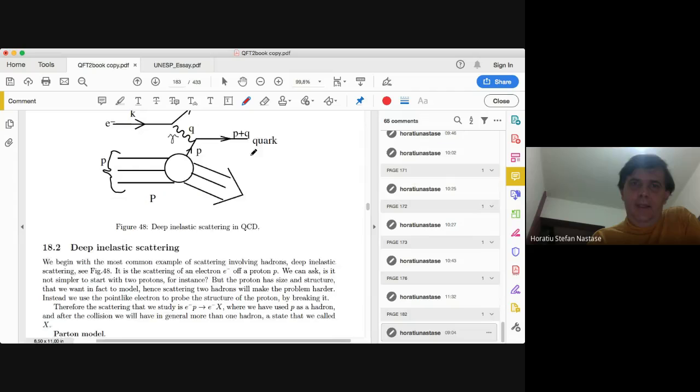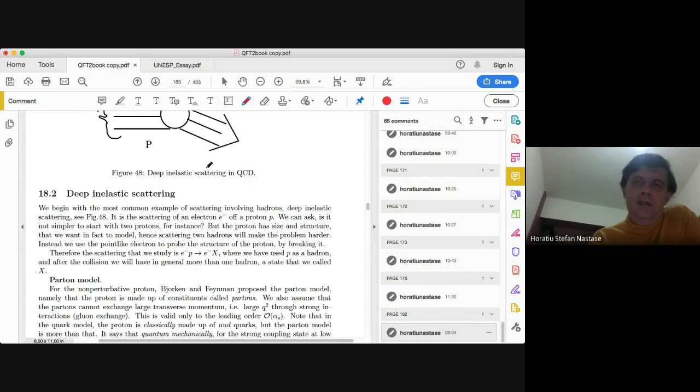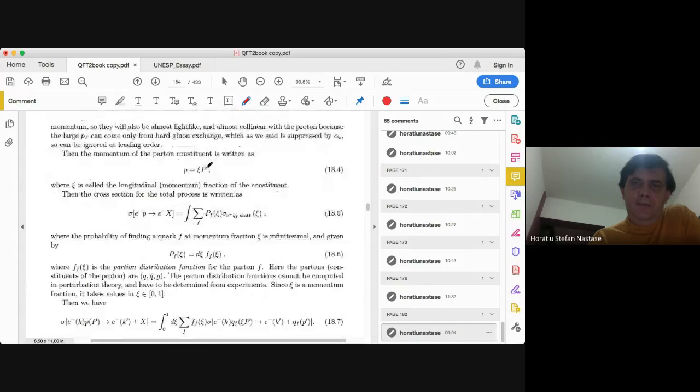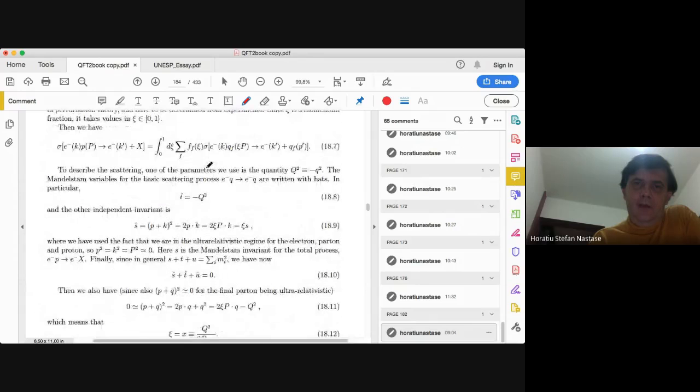But then, you extract this parton, but then the basic interaction here is a simple classical electromagnetic interaction, for which we've already done the calculation in QFT1, in part 1. And for this process, I'll use hats.